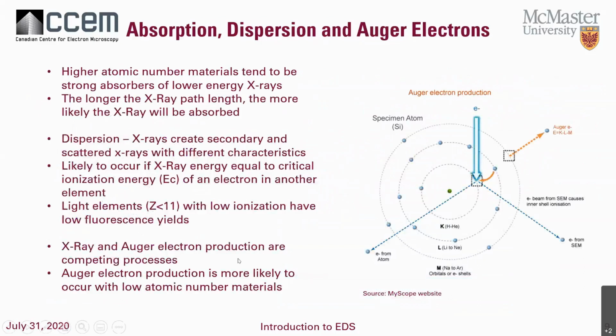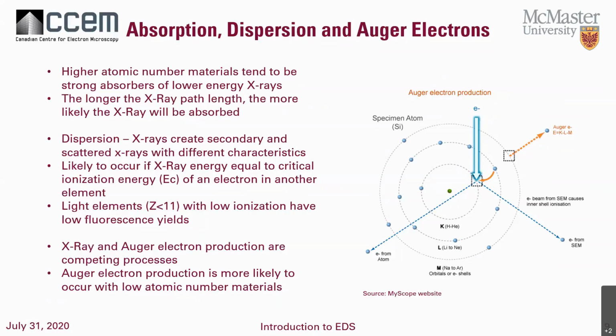So one of the problems with doing this type of spectroscopy is you do get some of the X-rays absorbed. They don't actually manage to get out of the sample. Sometimes you have a lot of surface roughness. This can sometimes be a problem because the higher areas will absorb the X-rays that are in the path to the detector.